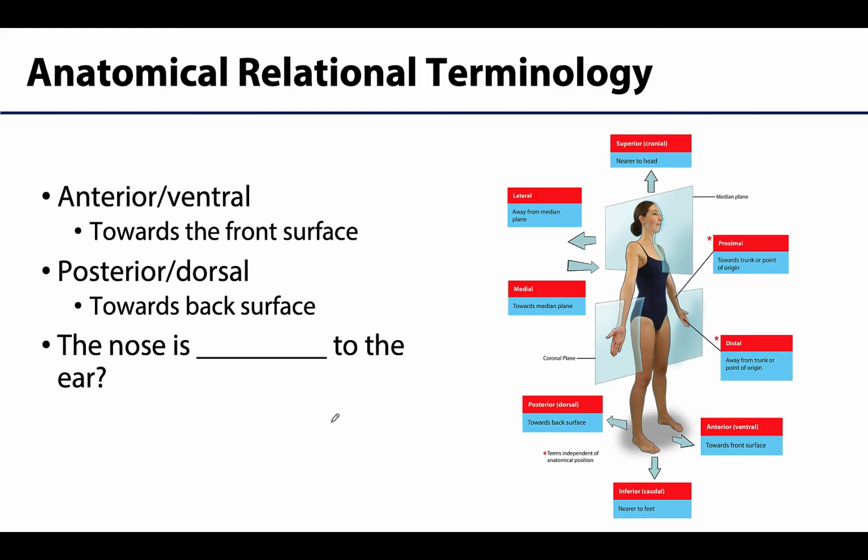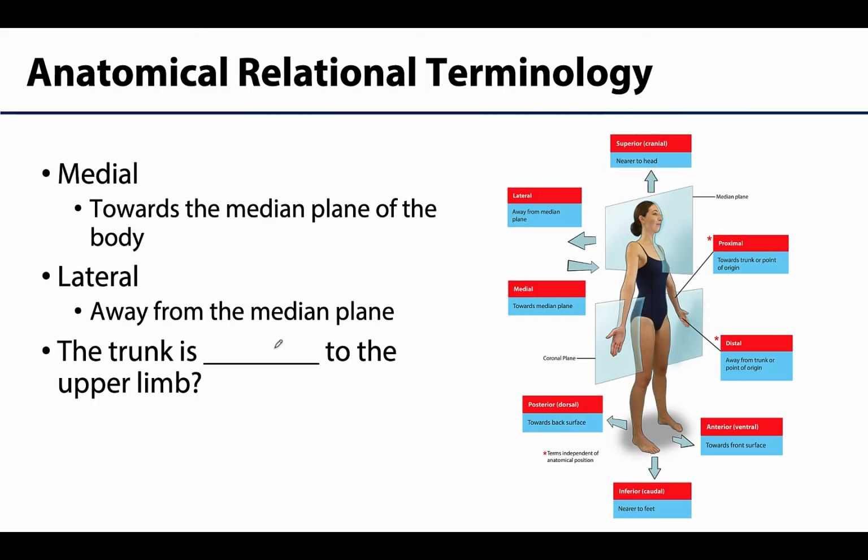At least in regards to these terms, what would you say? So is the nose anterior or is it posterior to the ear? Well, you would likely say that the nose is anterior to the ear because the nose is going to be more towards the front than the ears.